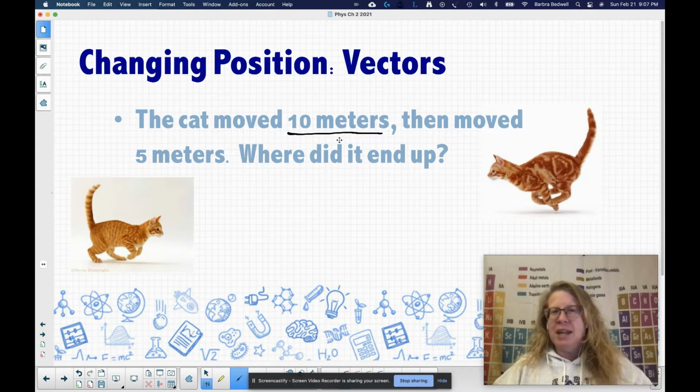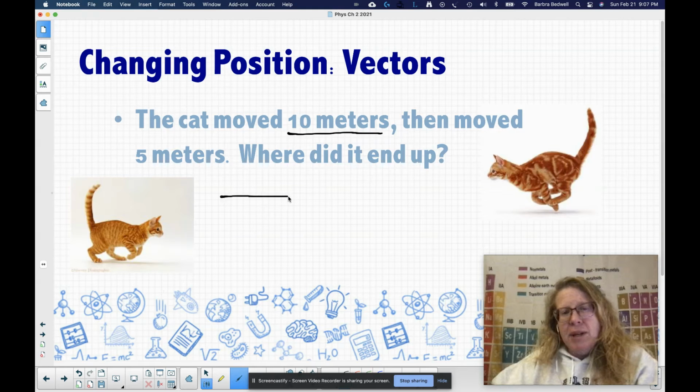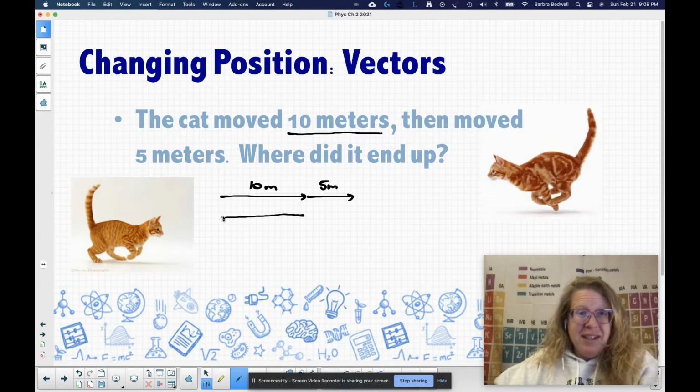If it moved 10 meters and then moved 5 meters, well, where did it go? Well, it depends. If it moved 10 meters, I'll make my arrow kind of longer, 10 meters, and it also moved 5 meters, that's one place that it could end up, right? 15 meters away. But it could have just as easily gone 10 meters, and then 5 meters.